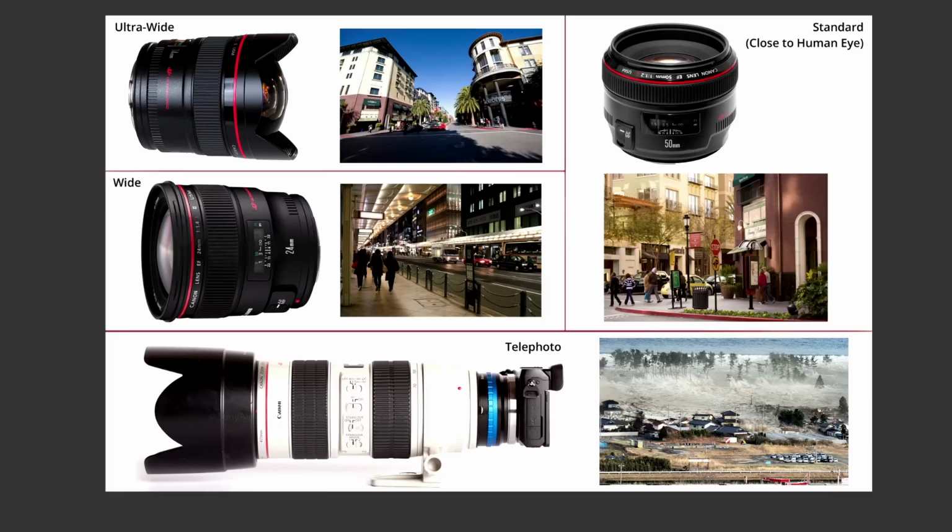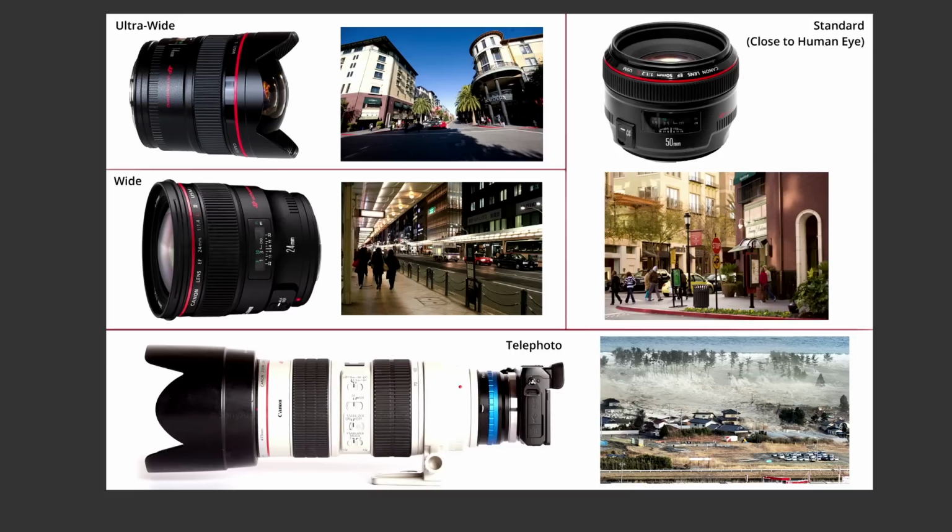What this lens does is it flattens and gets rid of all perspective, because you can see here with the ultra wide, perspective is really heavy. As you get to wide, the perspective is still pretty heavy, but it's starting to lessen. As you get to the standard, the perspective is very normal at this point, normal according to a human eye. As you can see, the foreshortening of these two-point perspectives is very normal. As we get to a 200mm, perspective is essentially gone.